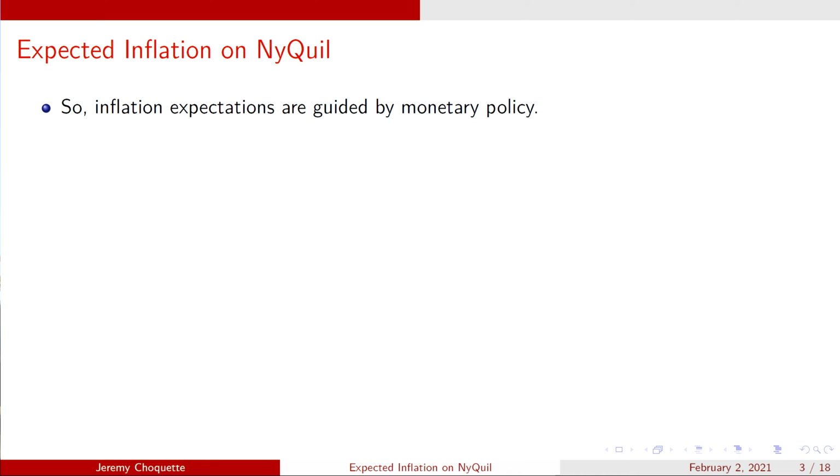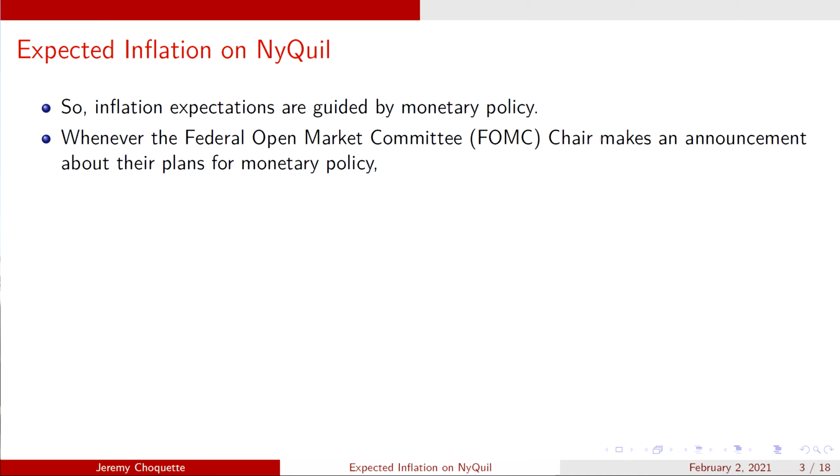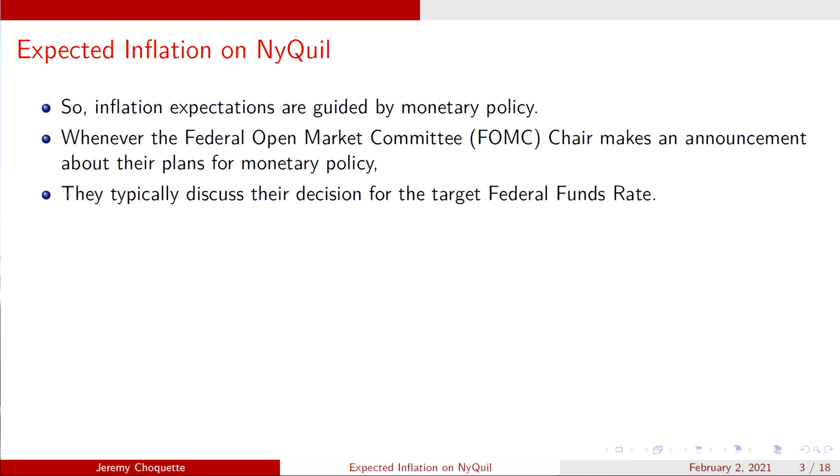So inflation expectations are guided by monetary policy. Whenever the Federal Open Market Committee, FOMC from now on, whenever the FOMC chair makes an announcement about their plans for monetary policy, they typically discuss their decision for the target federal funds rate.